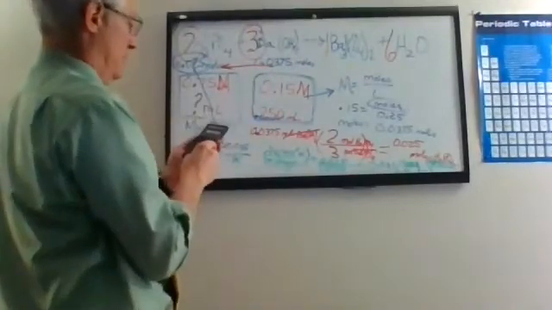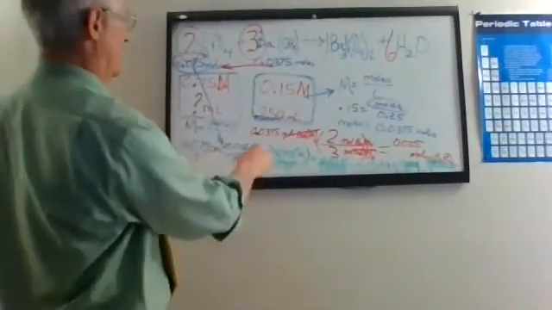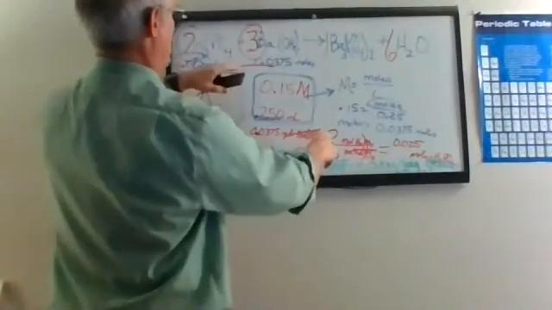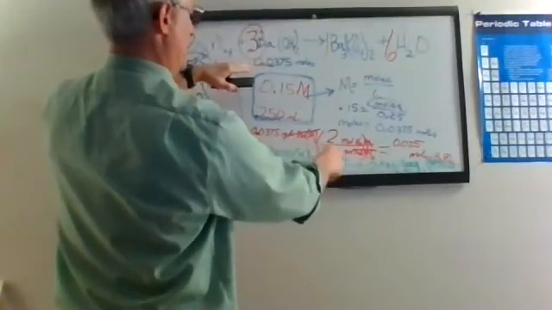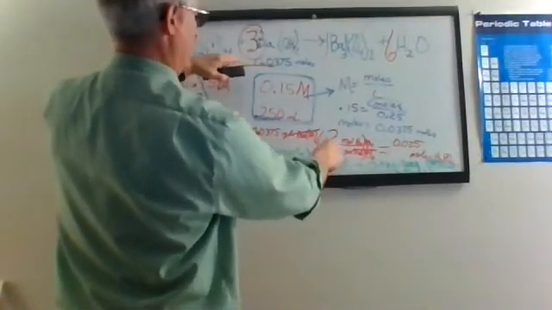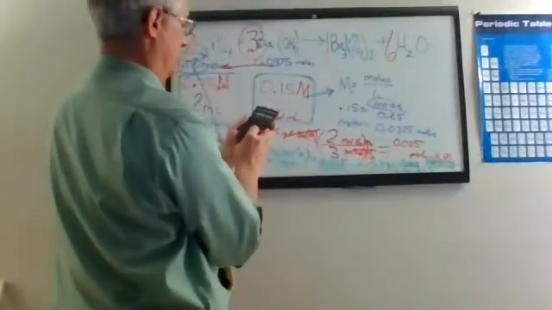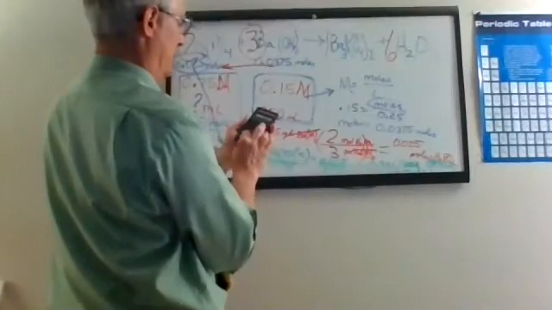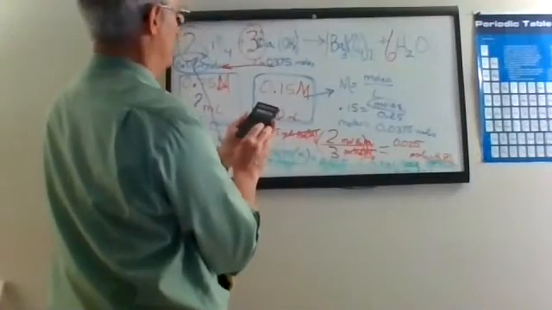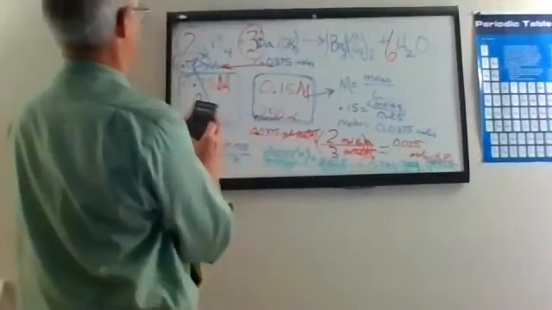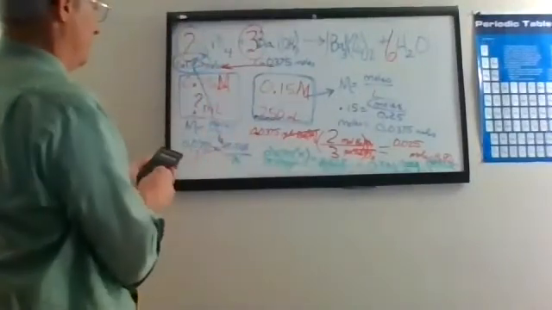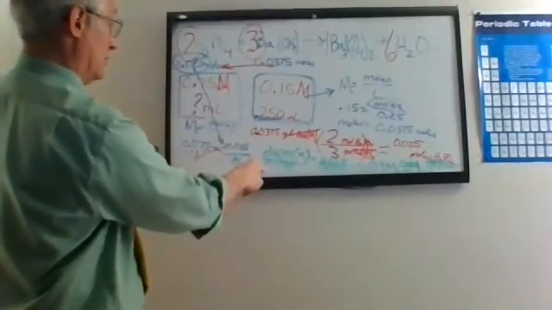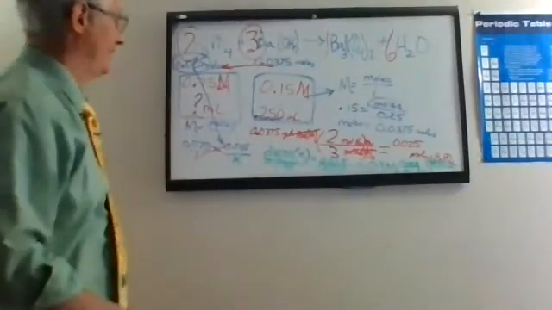And what did we set up? 0.0375. Barium hydroxide has a 3 and that has a 2 times 2 divided by 3. 0.025. Whoa.